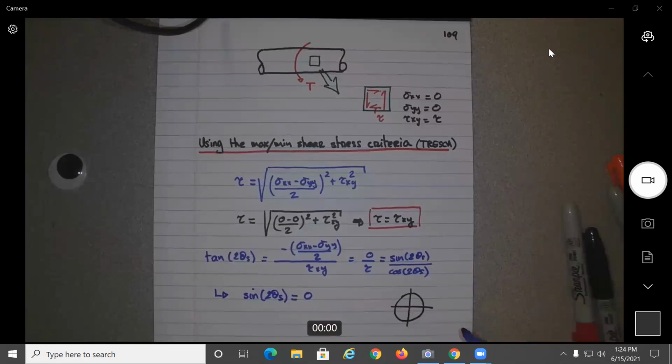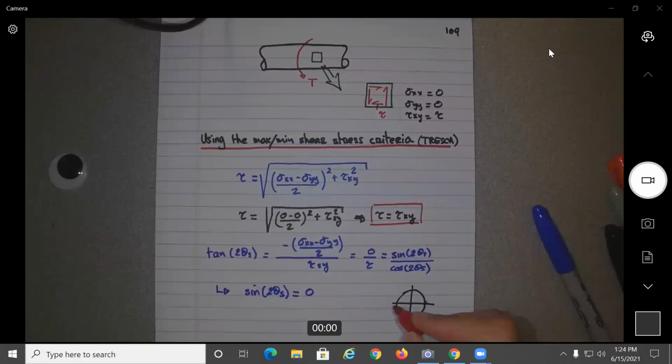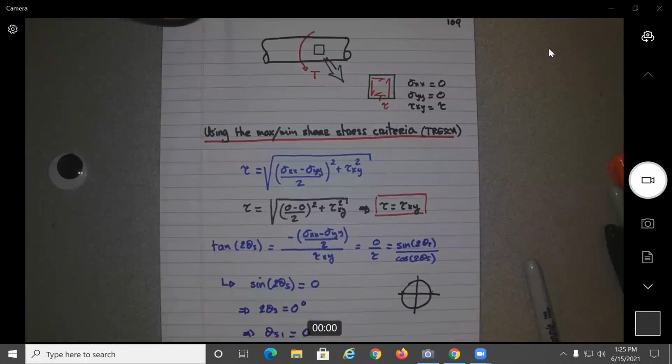Same as yesterday, when is sine theta equal to 0? It will be here or here, no? At these 2 points. So we can have over here, for example, 2 theta s equal to 0 degrees, which will mean that theta s1 will be equal to 0 degrees. And the second shear will happen at plus 90 degrees.